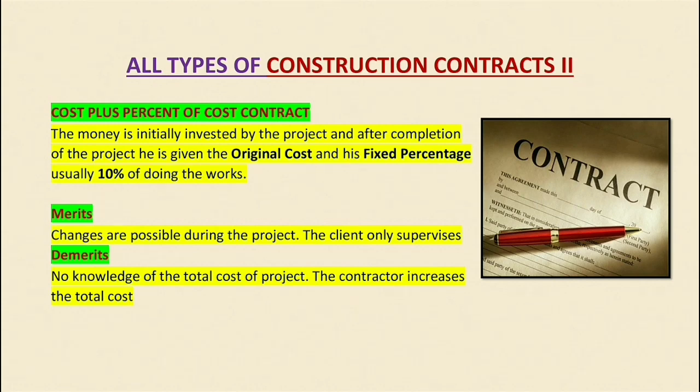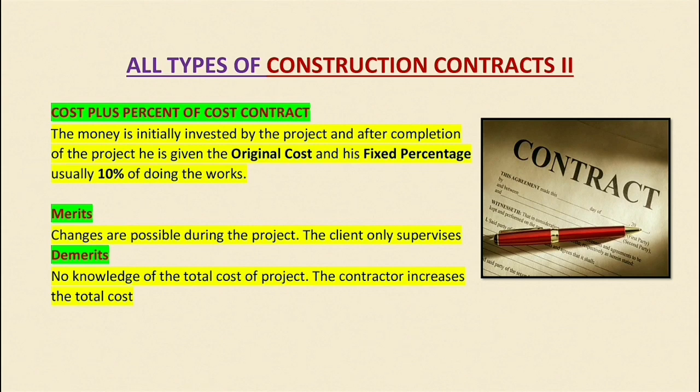The fourth type of construction contract is the cost plus percent of cost contract. As the name suggests, the contractor is given the original cost plus a percentage of that cost, like a bonus to him. Previously we studied three types: item rate contract, lump sum contract, and item rate plus lump sum contract.